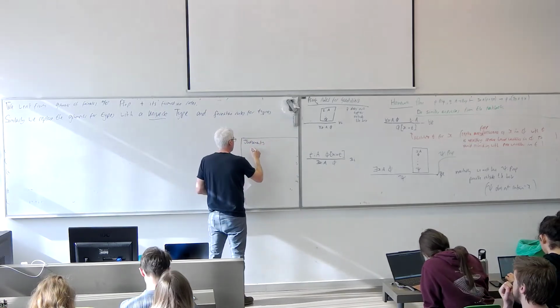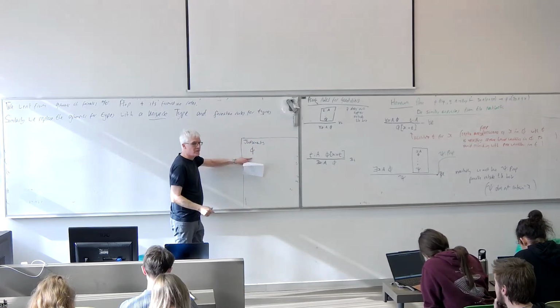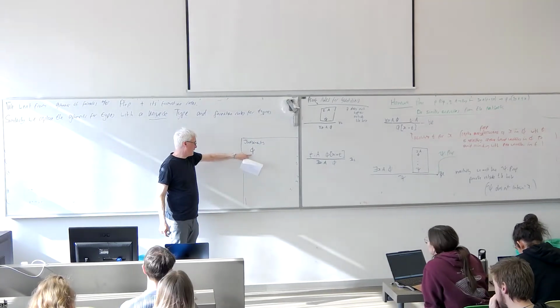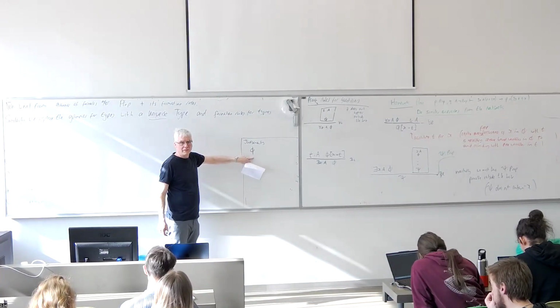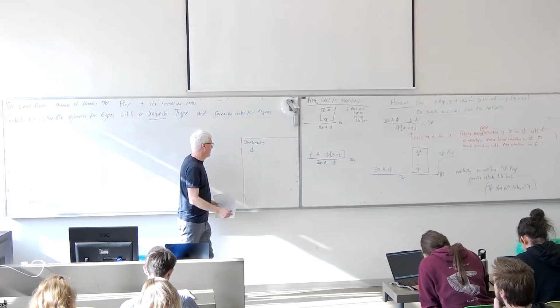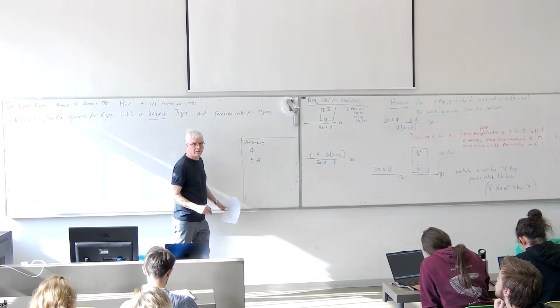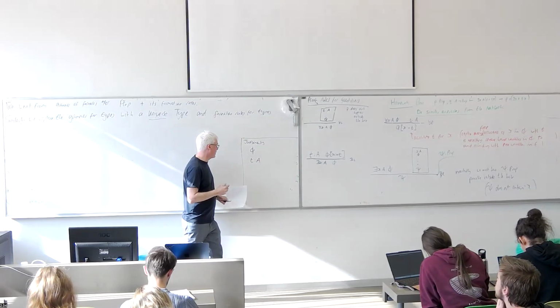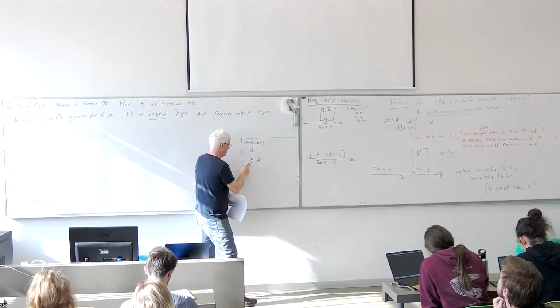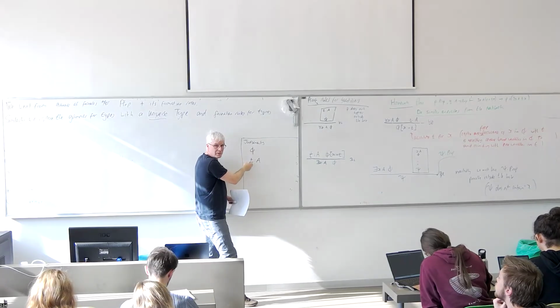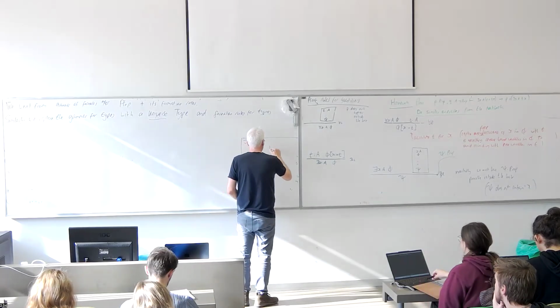Last week we had this judgment, which is what we started with, the judgment that a formula is true. And then we have this judgment, that a term P has type A, and we saw that there's a big analogy between these. So these two are from last week.